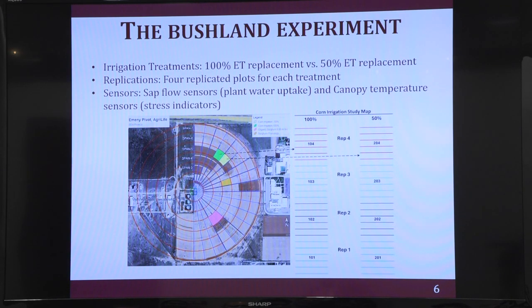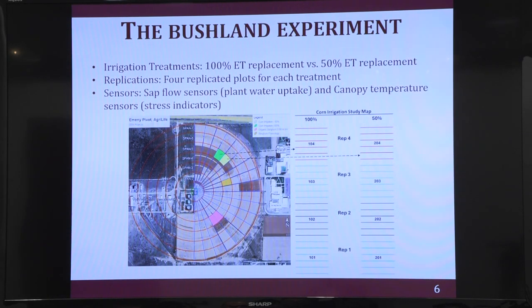Okay, looks like, I can help. Sure. Brenda, what is this? So what they are testing there is different irrigation treatments. The 100% ET means the irrigation rate replaces the daily ET rate by 100%, versus replacing 50% of evapotranspiration or crop water use every time they irrigate.